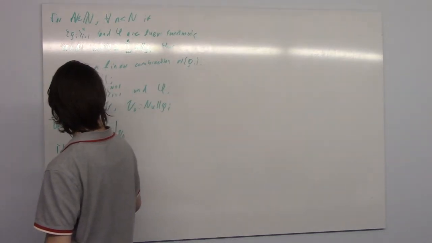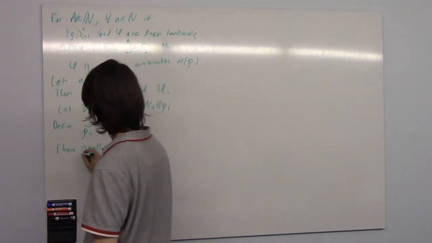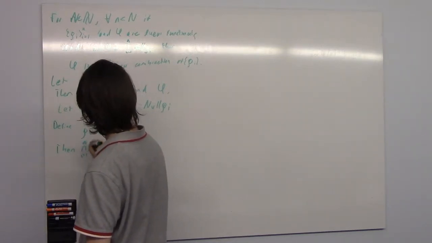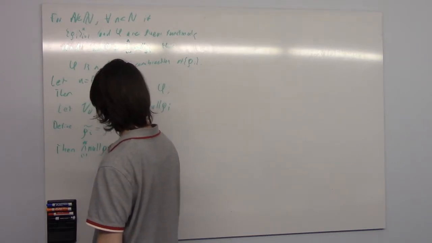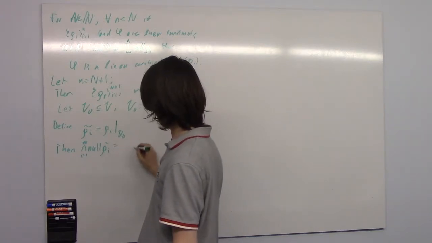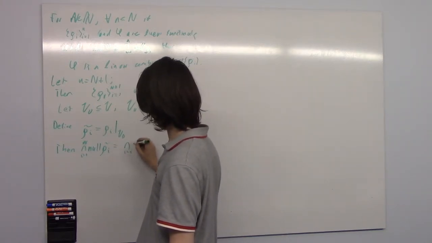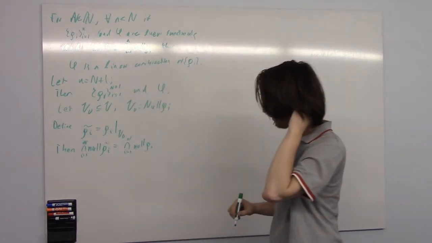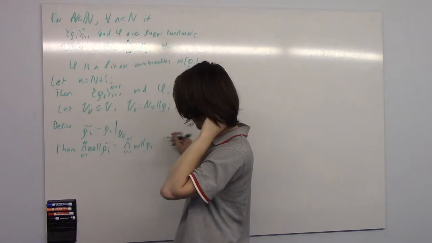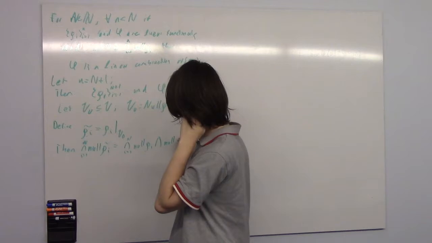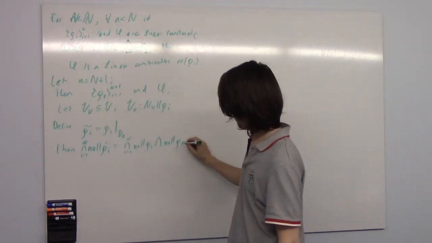the intersection, i equal 1 to n, of the null spaces, this is big N, of our rho_i twiddle, is going to be equal to the intersection, i equal 1 to n, of the null space of the rho_i's, intersect the null space of rho_(n+1).